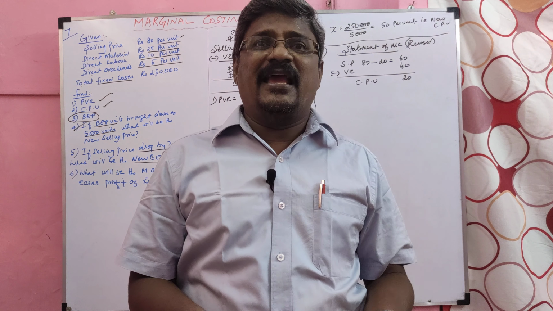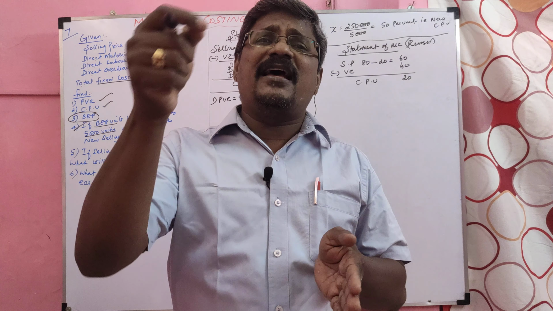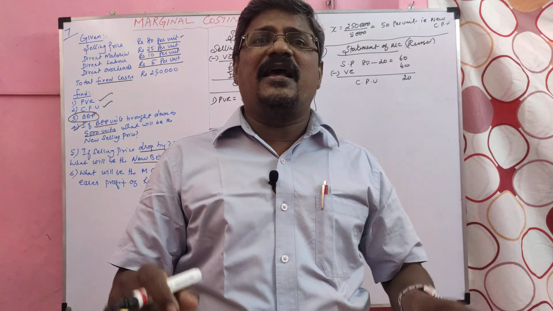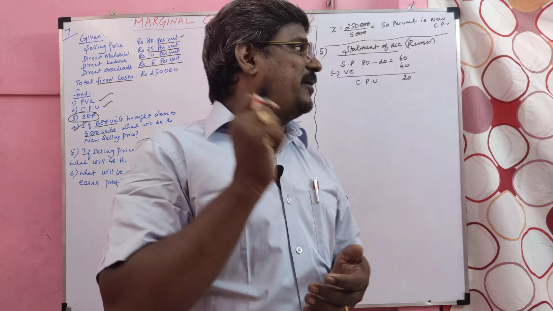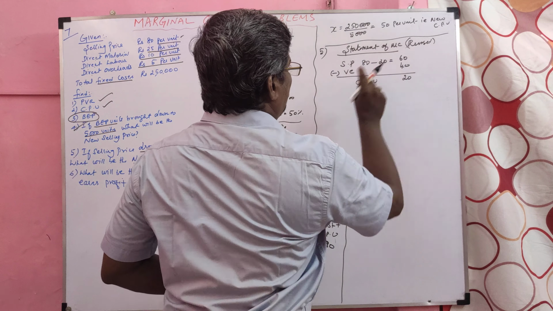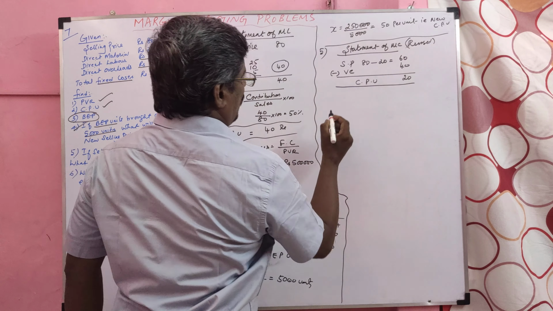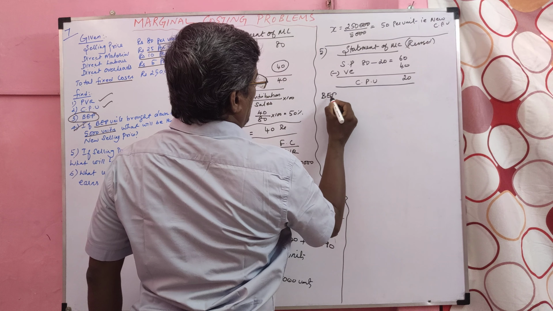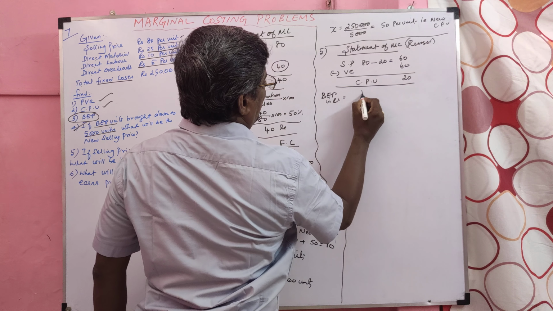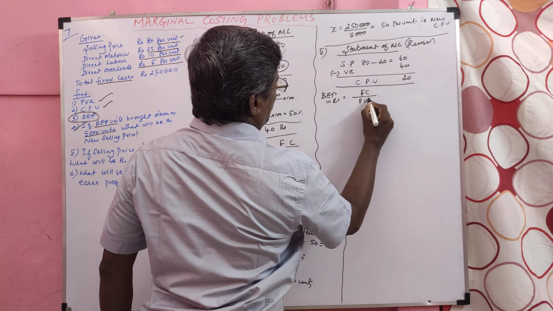What I am coming to say, if there is any change in the selling price, it will not affect the variable cost. Here I changed only selling price, not the variable cost. So now I found a new CPU. Now we can find what? BEP in rupees, FC divided by PVR.